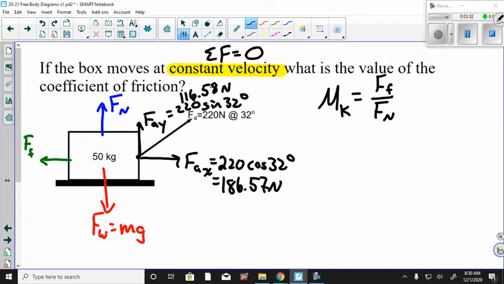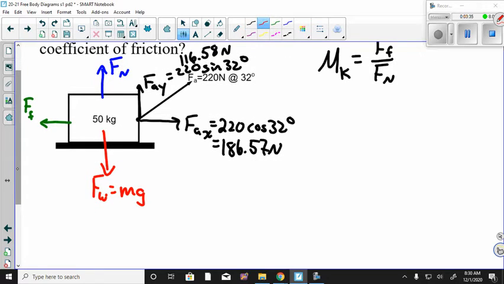All right, let's start with the weight force. I can do that one because I know that my box is 50 kilograms times negative 9.81. Negative 490.5 newtons is the weight force of the box.